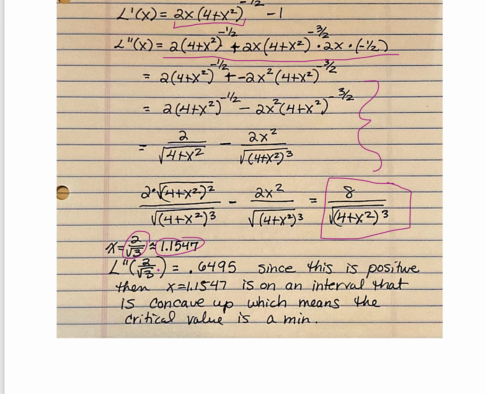So when you plug that into the second derivative, if it's positive, that means it's on an interval that's concave up. If it comes out to be negative, then it's on an interval that's concave down.